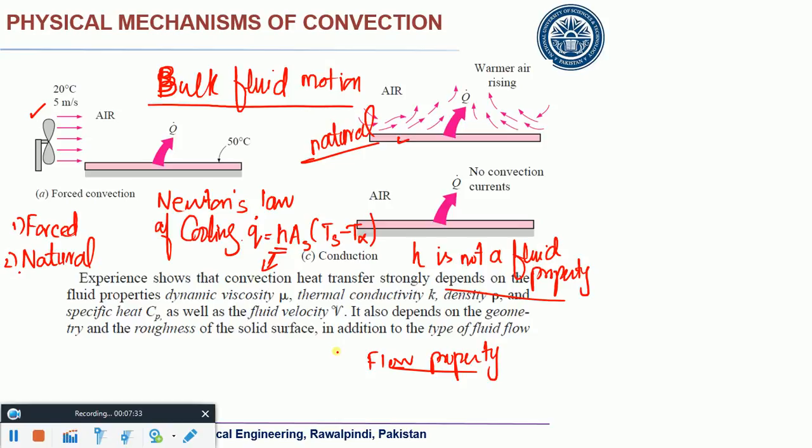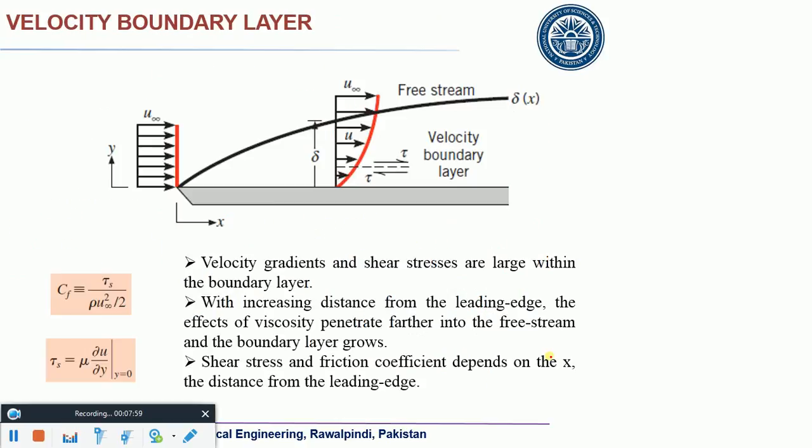Velocity is also important for H. For example, if you put the fan on, H would increase, simple as that. And if H is increased, heat transfer rate is increased. So please remember that H is not a fluid property. H is a property of flow in totality.